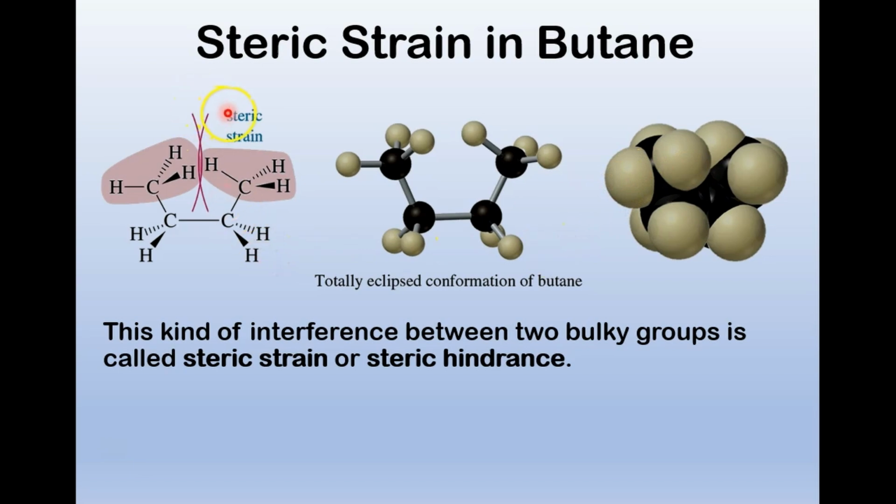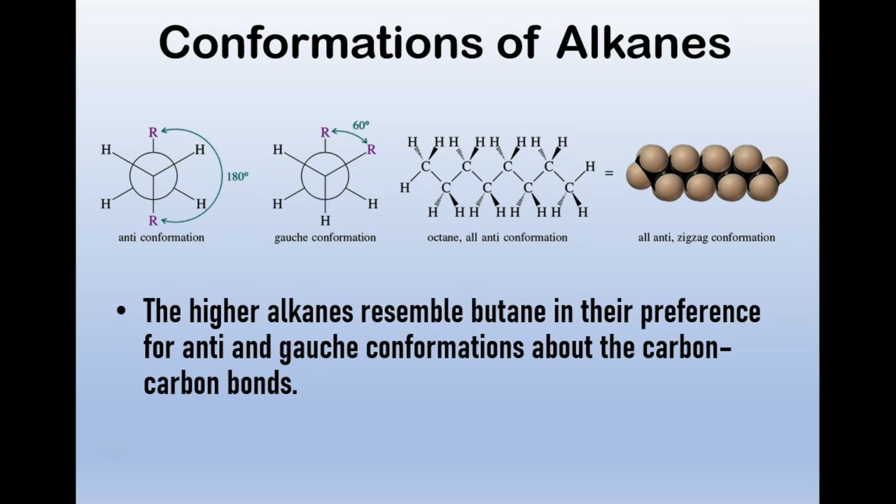We call this steric hindrance. So when you have a big long alkane, like octane, here it's drawn in such a way that this group is anti with that group, this group is anti with that group. So nothing is eclipsed, and that would be a preferred low-energy conformation.